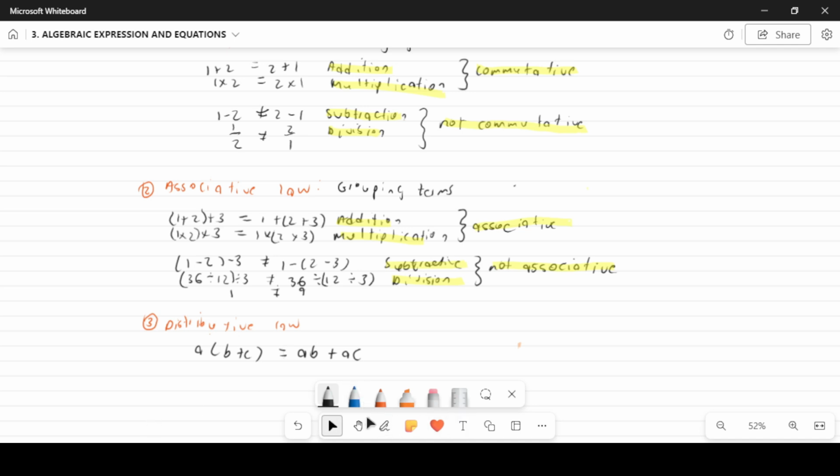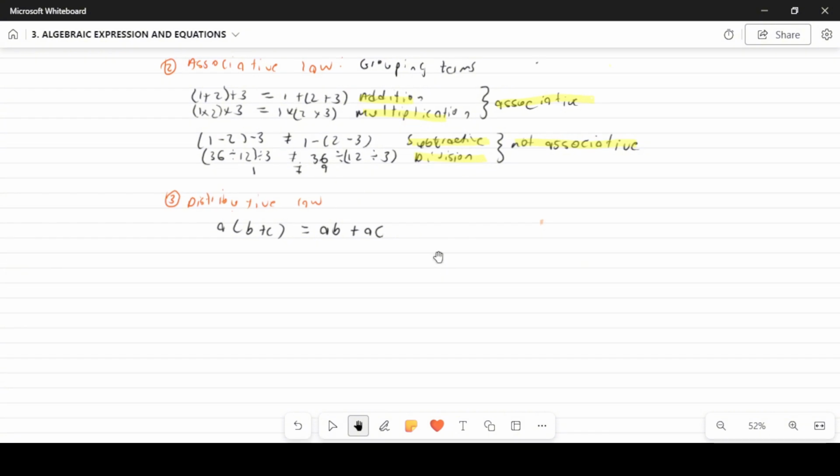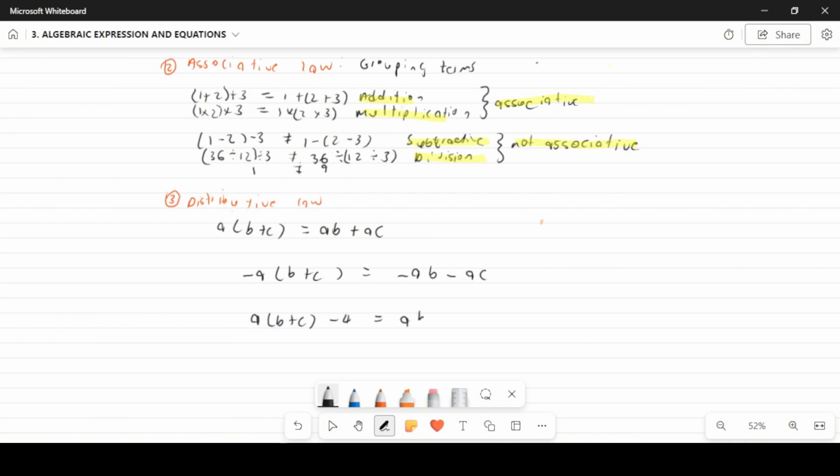But this is where things get tricky, when we start involving the minus sign. You see, we say that minus A into B plus C is equal to minus AB minus AC. However, if you have A times B plus C minus, let's say, 4, this is AB plus AC minus 4.